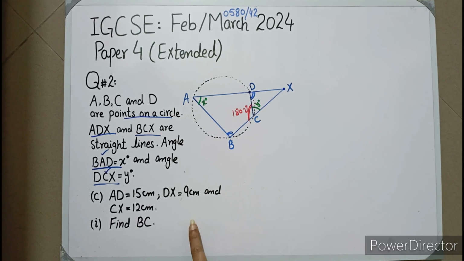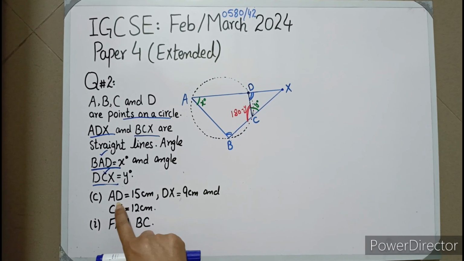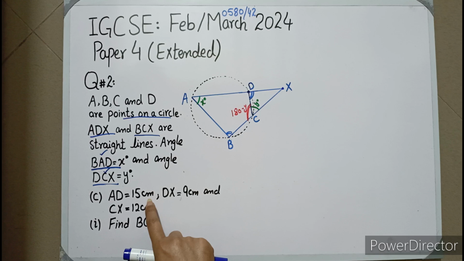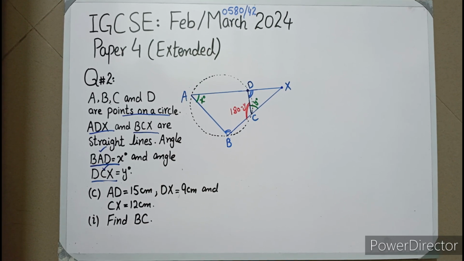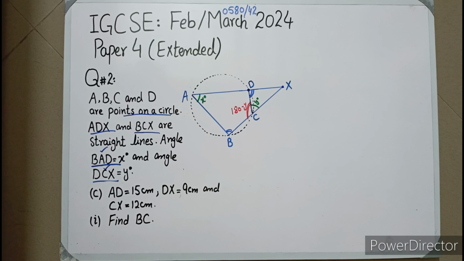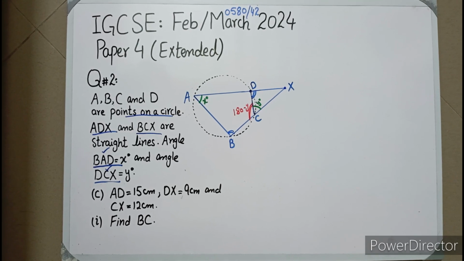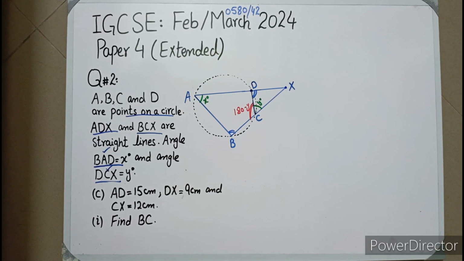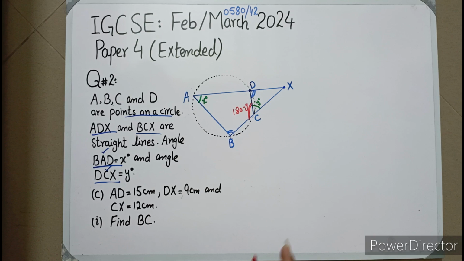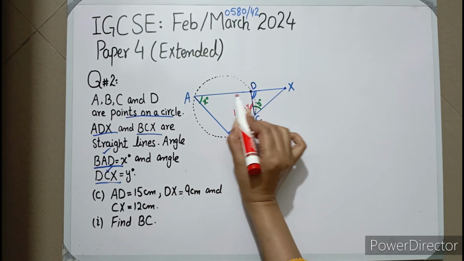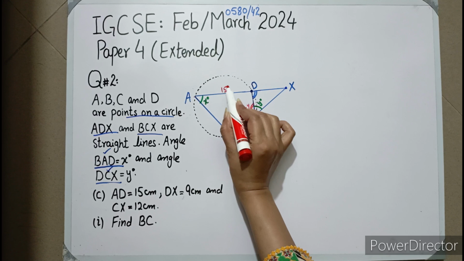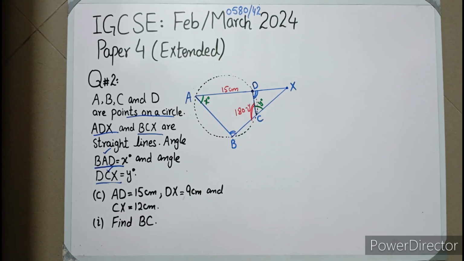Part C of the question says AD is equal to 15 centimeters. So we are going to mention in the figure the measurements which he has given us. The first thing which he has given us is AD, from this point to this point, that is 15 centimeters.